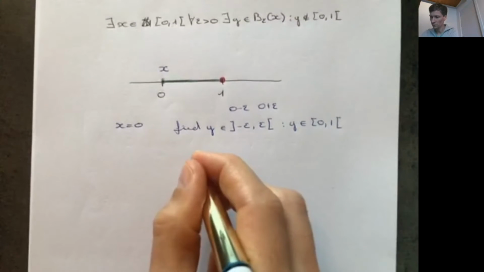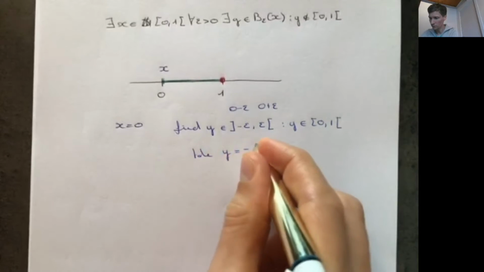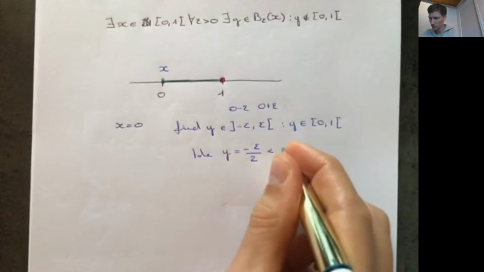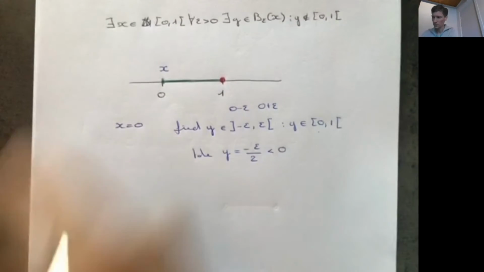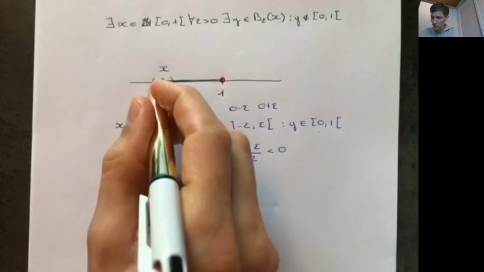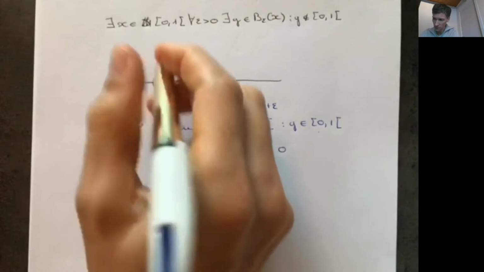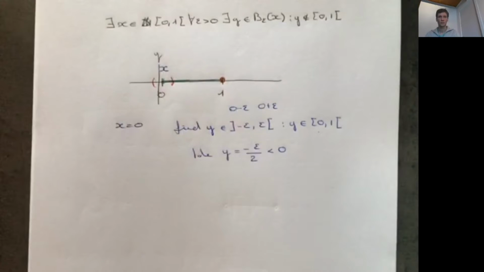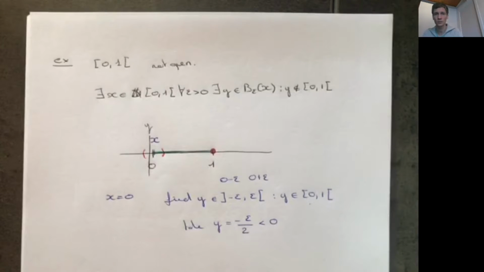For example, I can take y to be equal to minus epsilon over 2, and this is strictly less than 0, so it's not in the interval. So for any epsilon that I draw here, I can always find a y in this interval that's not on the green portion of the line. This is how you can show that a certain set is not an open set.